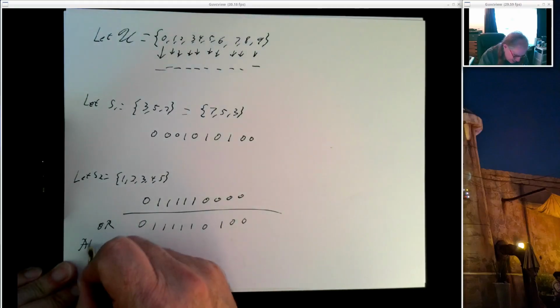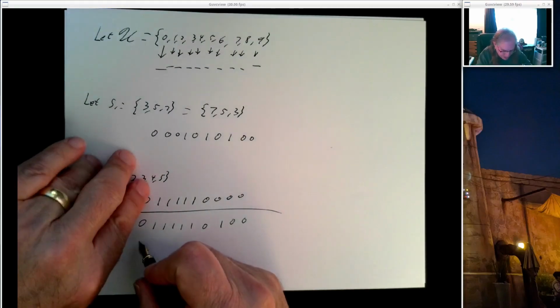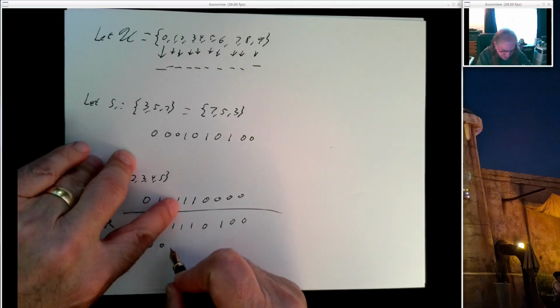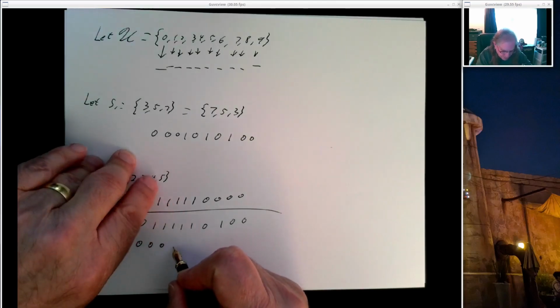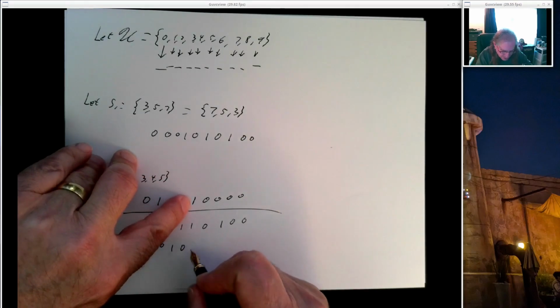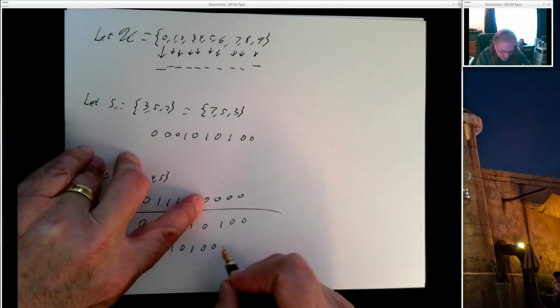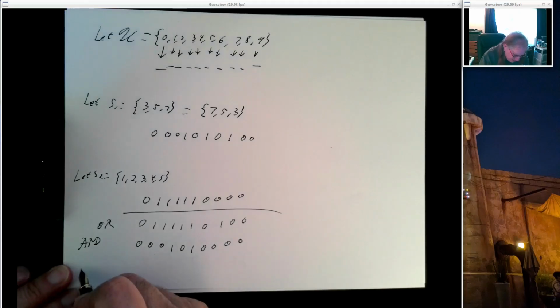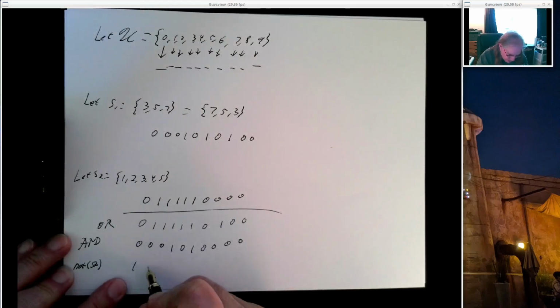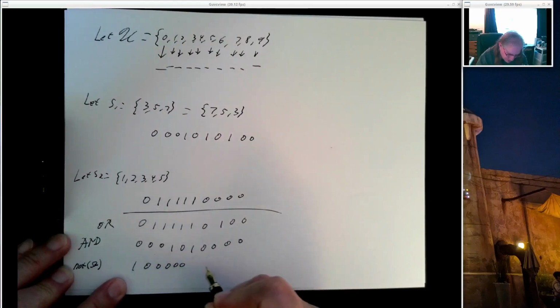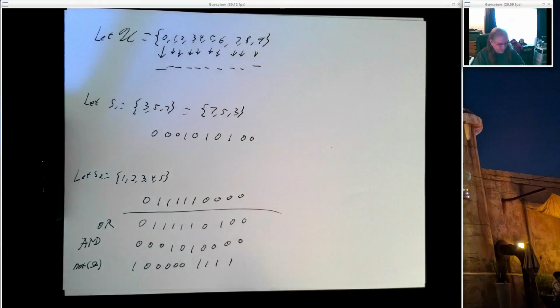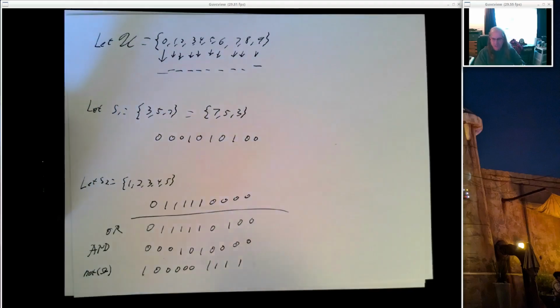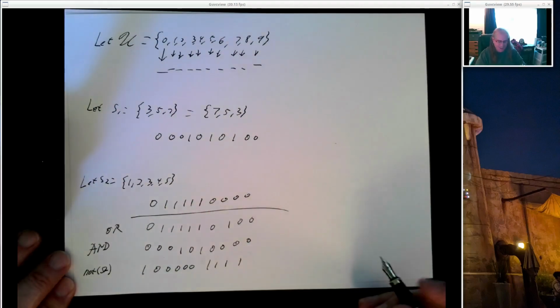If I AND these strings, I get a 0, 0, 0, 1, 0, 1, 0, 0, 0, 0. And if I negate, for example, S2, I get 1, 0, 0, 0, 0, 0, 1, 1, 1, 1. Okay, so just doing Boolean operations on these representations.